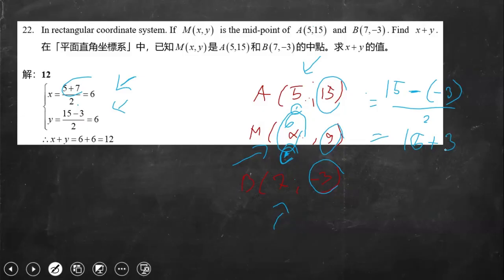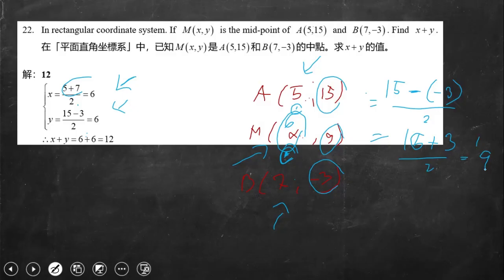Why is it minus here? 15 and negative 3. It's 6 actually. Over 2. It's 18, it's 9. Wait.